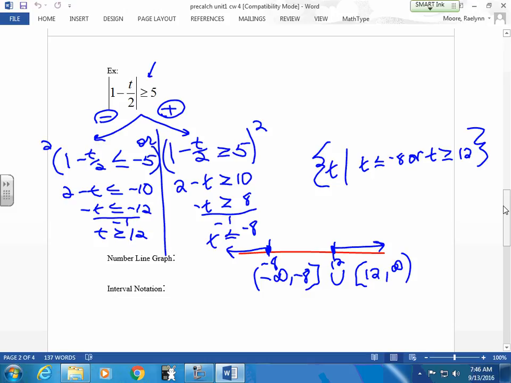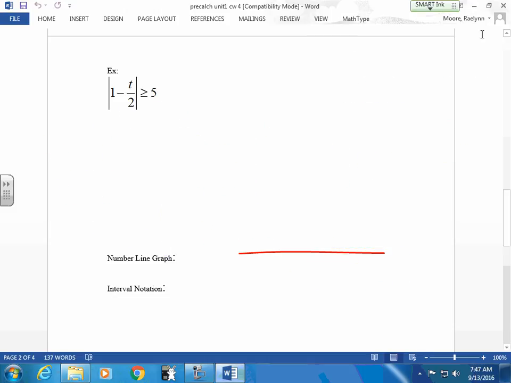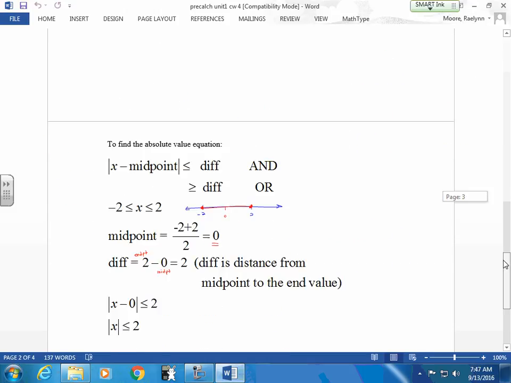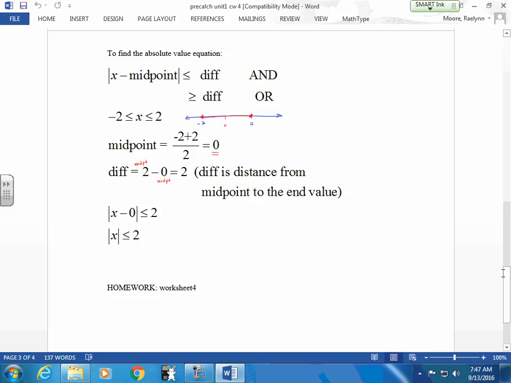Good? And I think the last thing is just to build an inequality. So we can take your number line, and we can take a graph, and we can actually work backwards to get to your inequality statement.